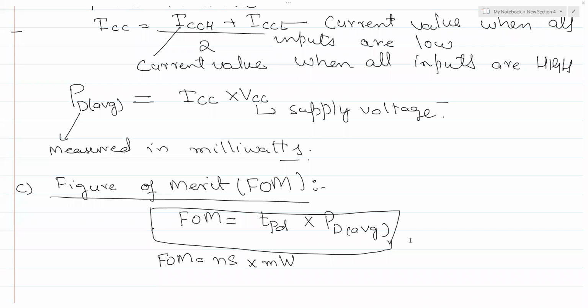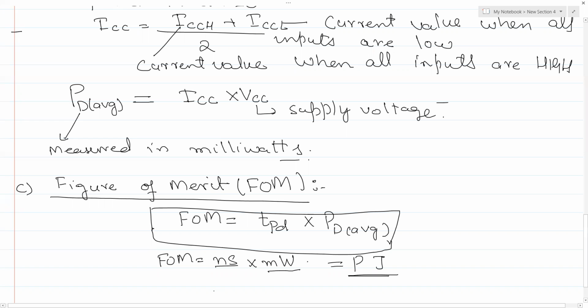So it's nanosecond into milliwatt: nano into milli is 10 raised to the power 9 times 10 raised to the power minus 3, that is 10 raised to the power minus 12, so you get pico. And watt into second gives joules. So you get the unit as an energy unit, picojoules.